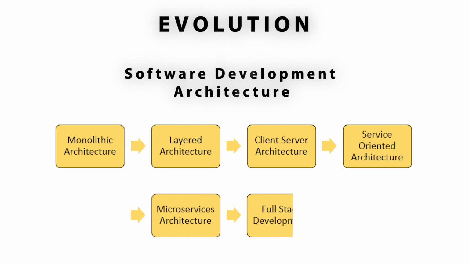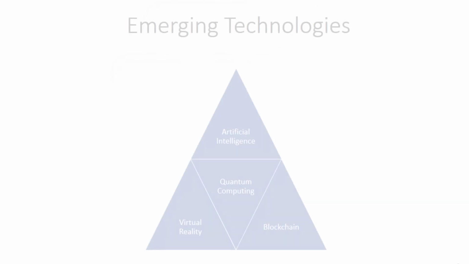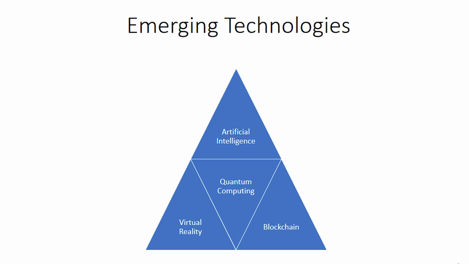Coming to the full-stack architecture, the developers work on both the front end and the back end of an application. So it covers the end-to-end aspects of the application, with a better understanding of the entire technology stack. The challenge is that it requires proficiency in a wide range of technologies.